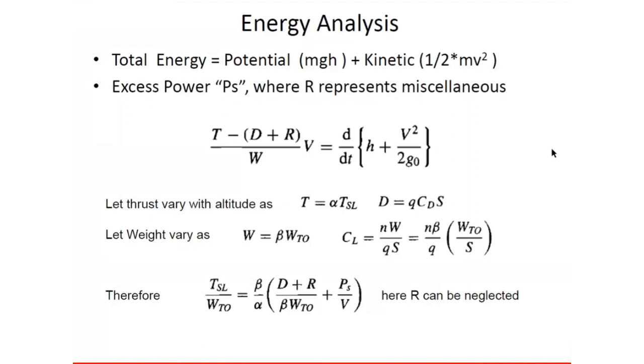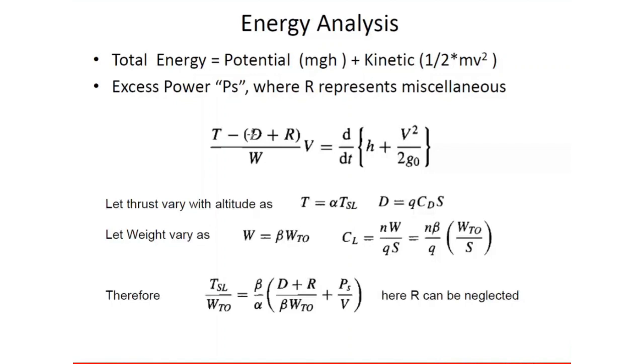For example, missiles are fired, or drop tanks are discarded, so they can't be added to drag all the time because they are replaceable. Anyway, it's just a component of drag. So T minus D is the excess amount of newtons you have at that velocity. So T minus D by W is the specific excess power.